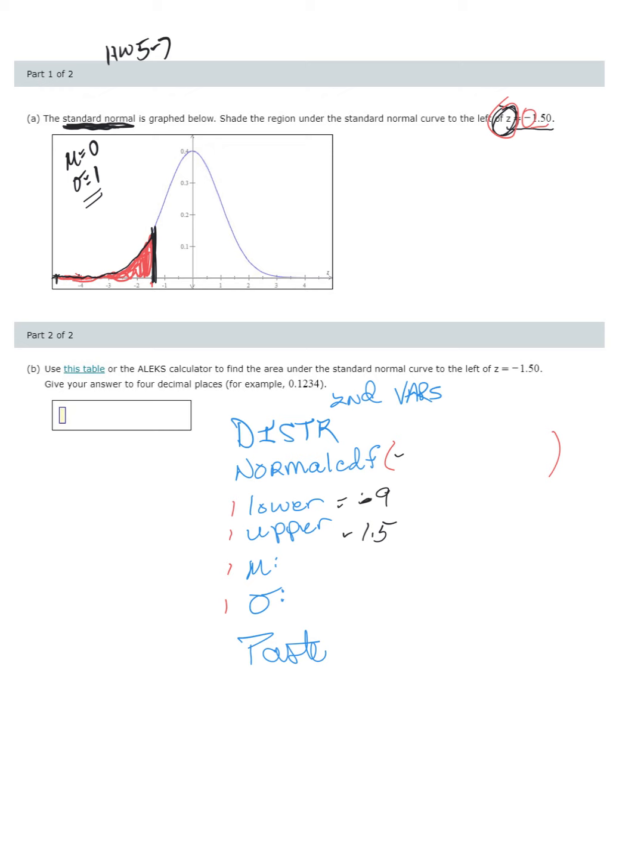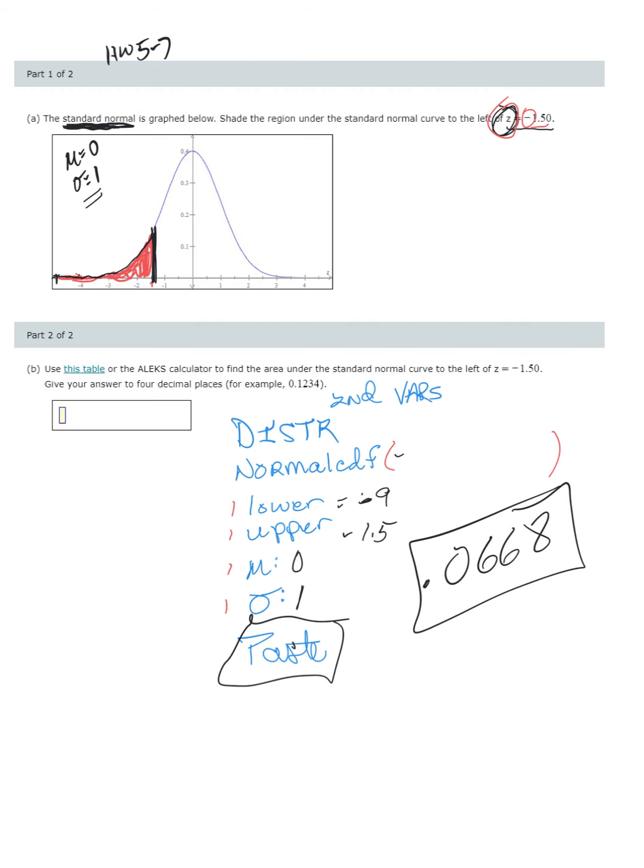The mean, we've talked about it earlier, standard normal, the mean's always 0, standard deviation's always 1. I come down here and push that number right there, and I should be getting, let me type these in my calculator real quick, 0.0668.